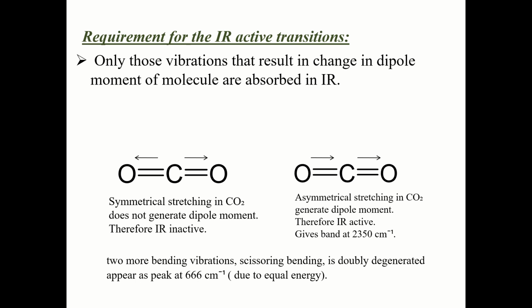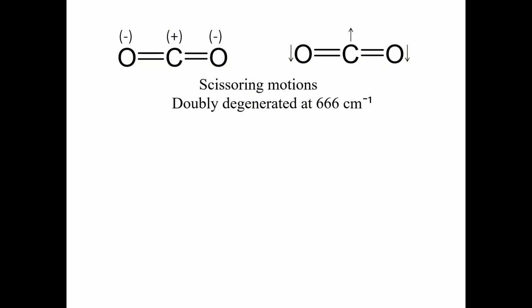Total 4 vibrations are possible in the case of the CO2 linear molecule. The remaining 2 bending vibrations, scissoring bending, are doubly degenerate and appear as a peak at 666 centimeter inverse, being equal in energy.